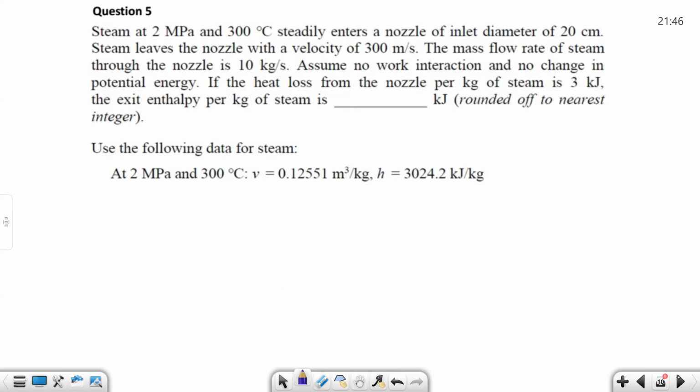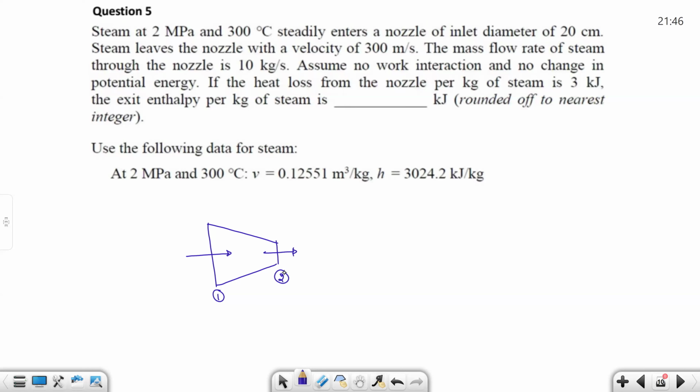Now we will see question number 5. Steam at 2 MPa and 300 degrees centigrade steadily enters a nozzle. So you have a nozzle. This is section 1.